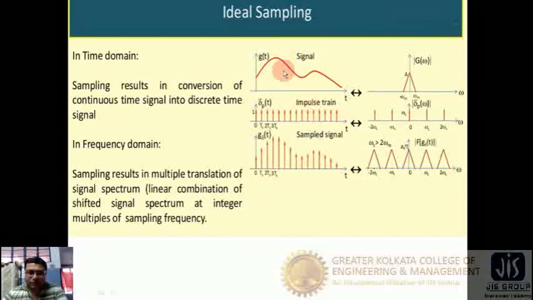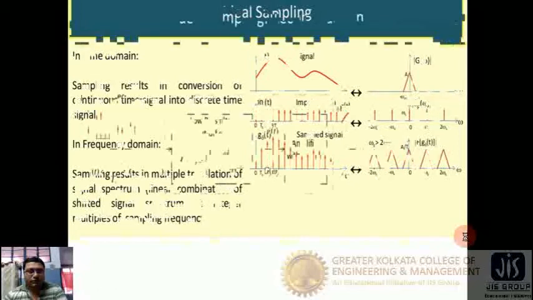We can see the frequency domain and time domain representations side by side, and get a clear understanding of the sampling. It is a continuous input signal, a sampled impulse train, and a sampled output signal, and the frequency domain representation is like this. Now we'll move into the next slide.